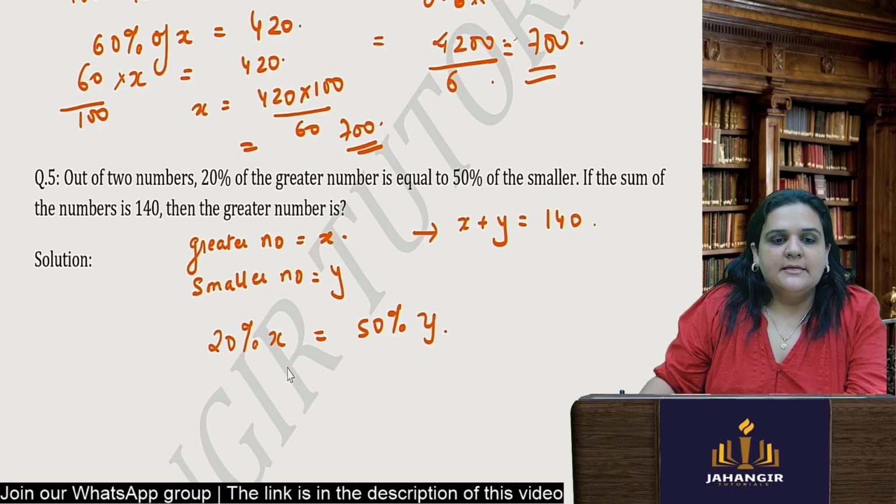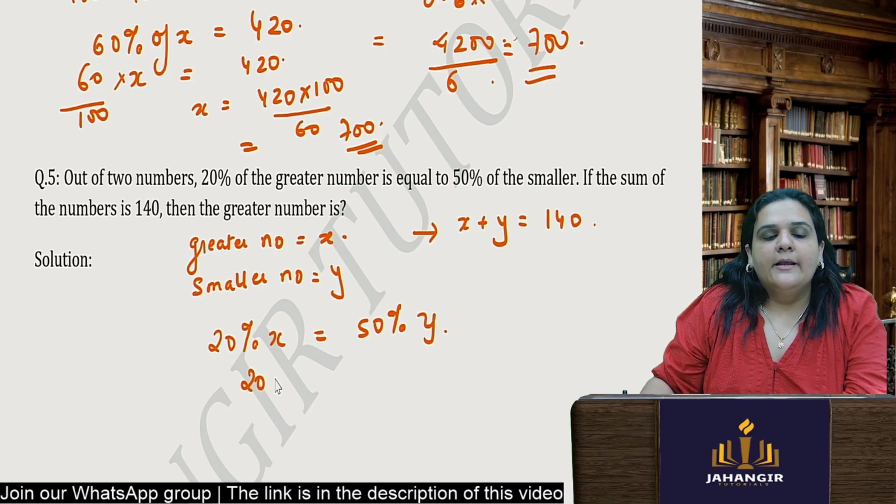So I can say, the percentage signs on both sides you can cancel, 20x is equal to 50y.